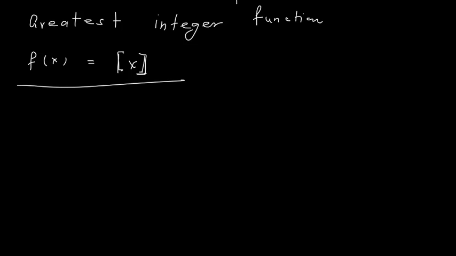So what does it mean? Let me redefine this function. Its value is going to be minus 1 if x is greater than or equal to minus 1 but less than 0. You can see that this is the greatest integer which is less than 0.